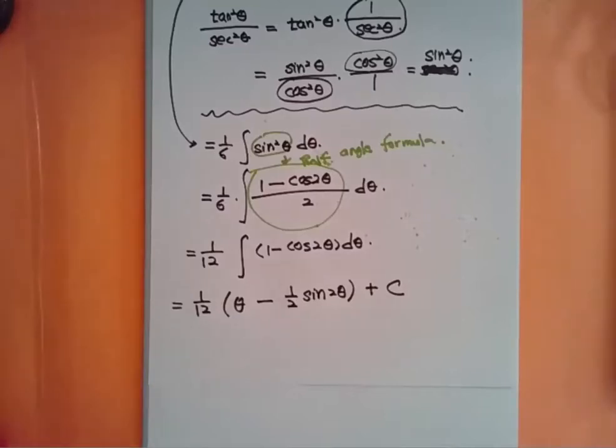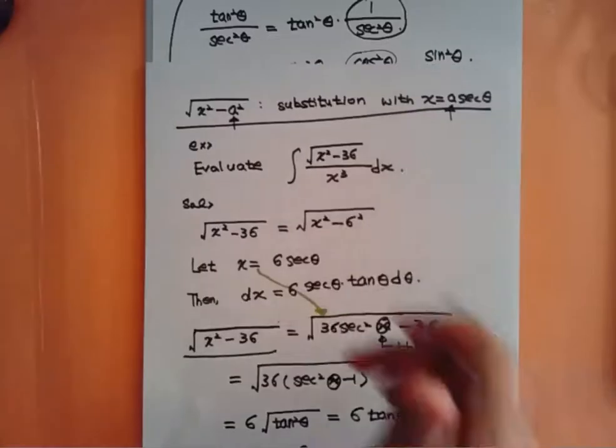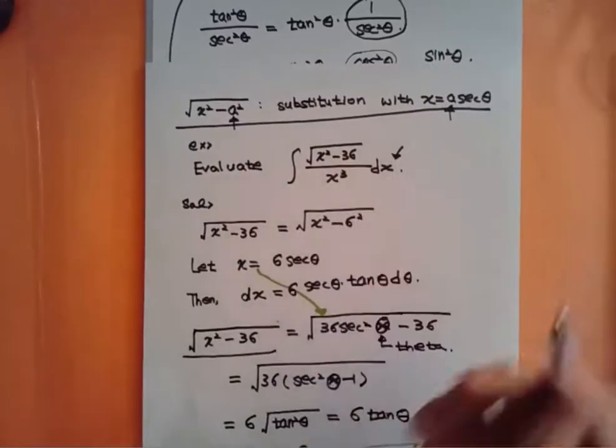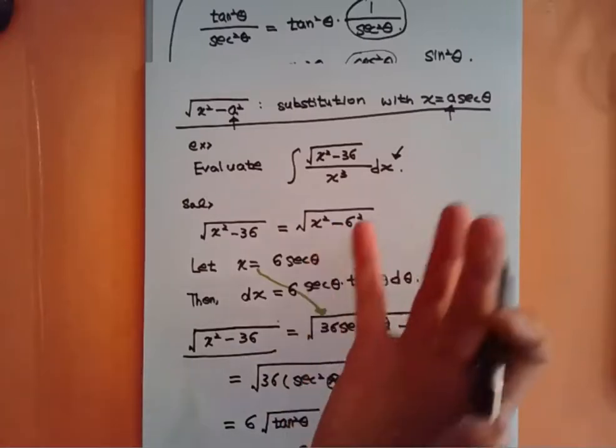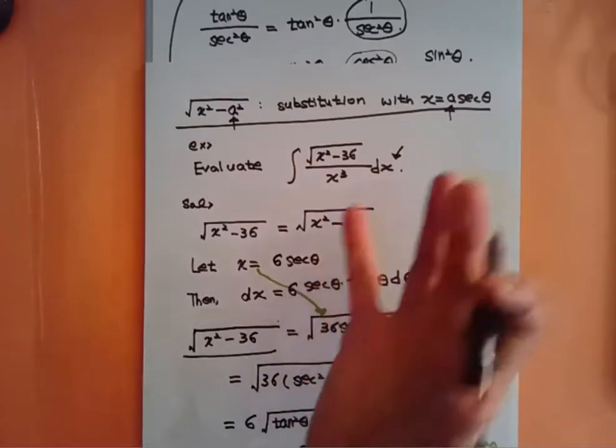You may feel momentarily that maybe we finished the problem because there is no integration. But we have a problem because we started with the variable x, but we did trigonometric substitution. So we changed the variable to angle theta.